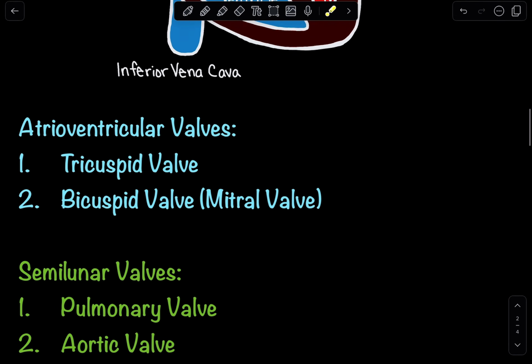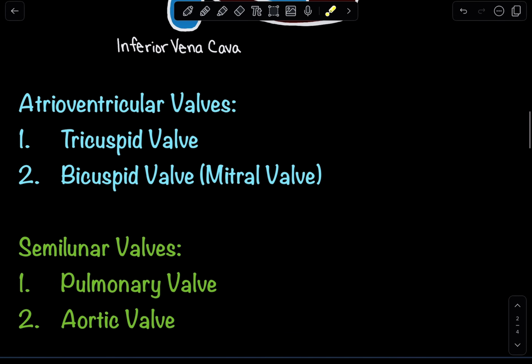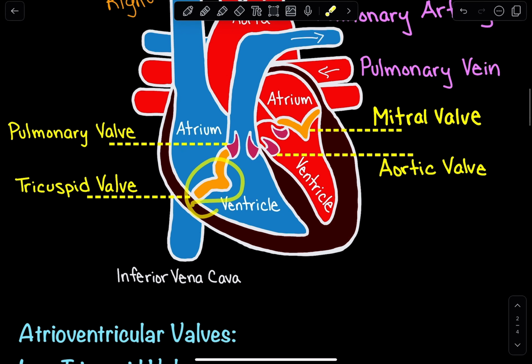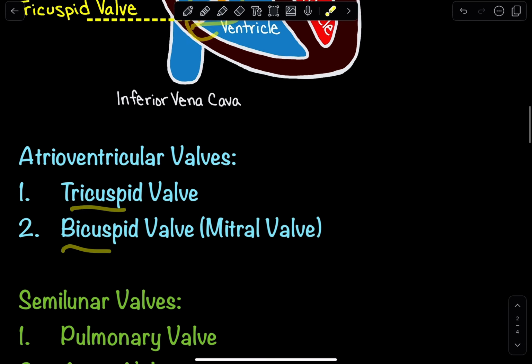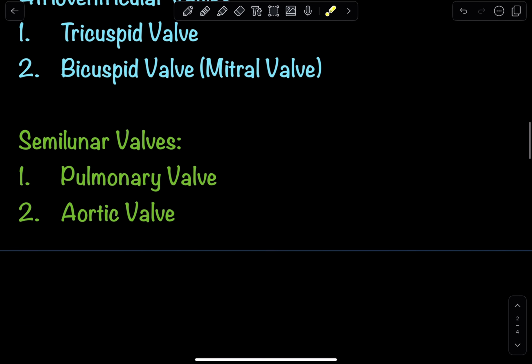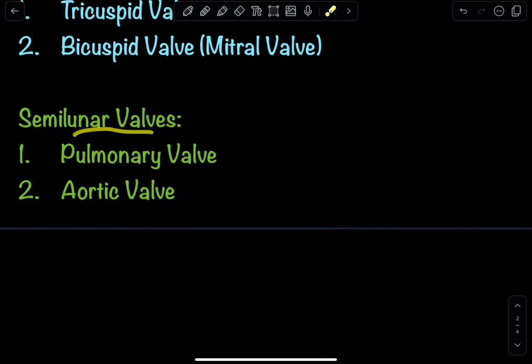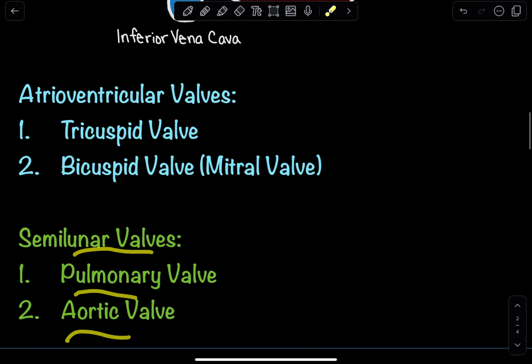Now, one more thing that I want to define is that our valves fall into two different categories, and we should be familiar with these names because we'll see them often in textbooks. We have the atrioventricular valves and the semilunar valves. The atrioventricular valves are your tricuspid and bicuspid. And then you also have your semilunar valves, which are your pulmonary and aortic.